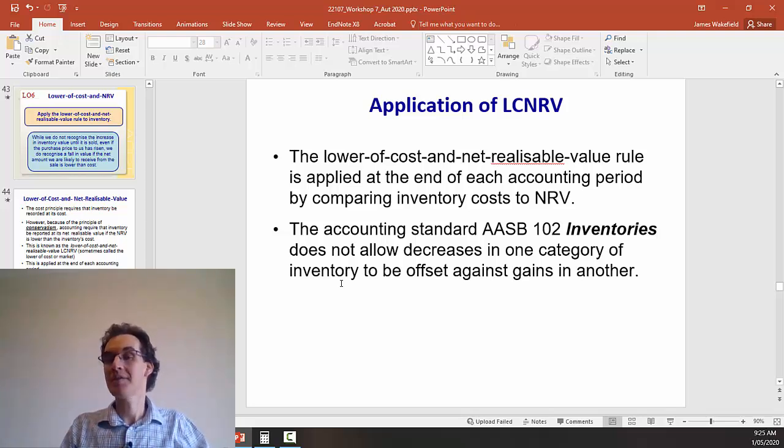If some inventory items increase in value, we do not report that increase in value. We keep those inventory items at the cost we paid for them. So when applying this principle, you apply either the lower of the cost or the net realizable value. You don't offset one lower value with one higher value. It's simply the lower of cost or the net realizable value.